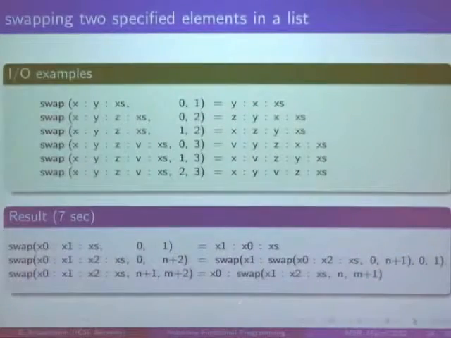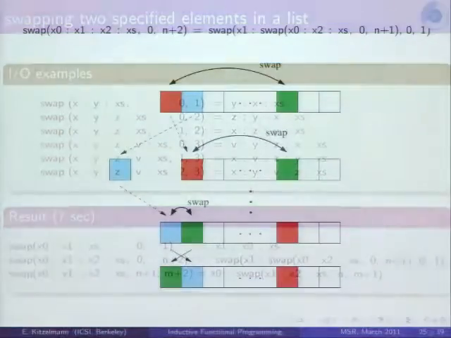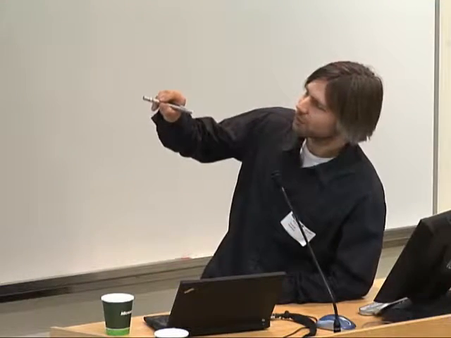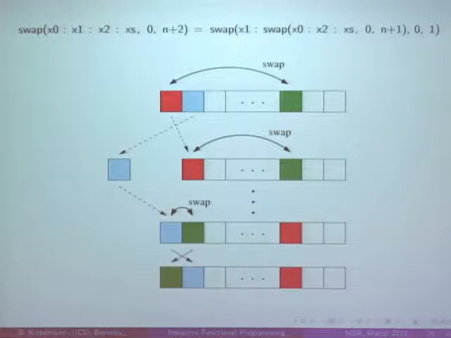Okay, so for this second case here, we have two nested recursive calls, right? Is that clear? This second case, okay. Here's an illustration. So we want to swap the first element, of index 0, and some other element in the list at index n plus 2. How do we do that?